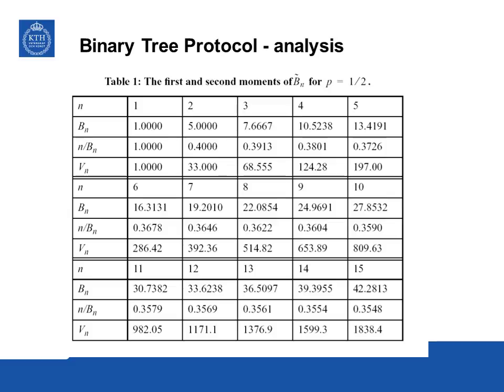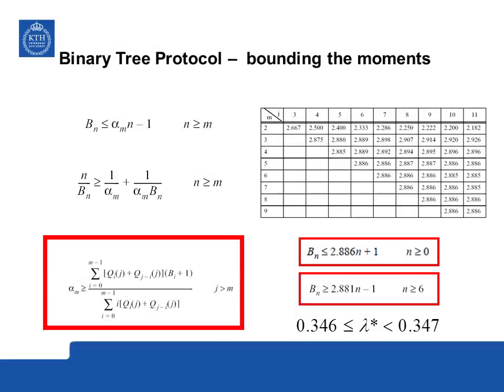And you can see here that as we increase the number of packets in the initial collision from 1, 2, 3 to 5 in the first row, and 11 to 15 in the lower row, we can see that the ratio n divided by Bn converges to a number that is slightly higher than 0.35.